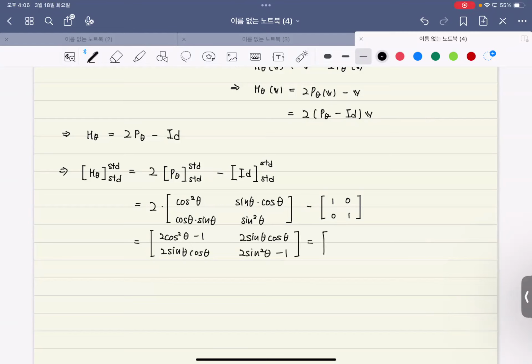Then by using some trigonometric identities, this is cosine 2 theta and sine 2 theta and sine 2 theta and minus cosine 2 theta. So this matrix represents the reflection in terms of the standard basis.